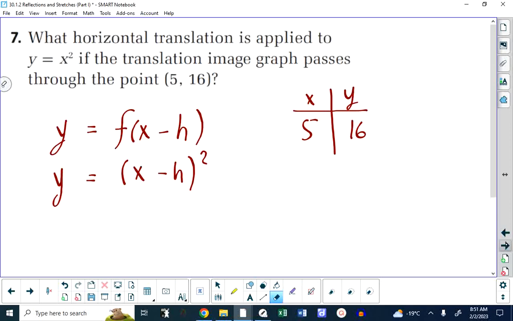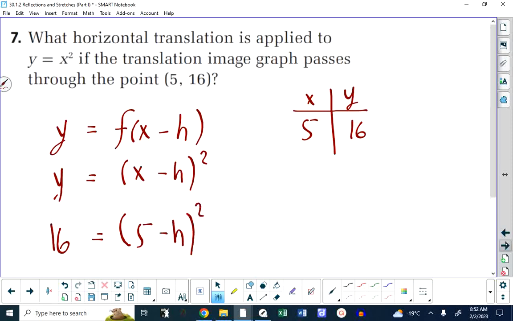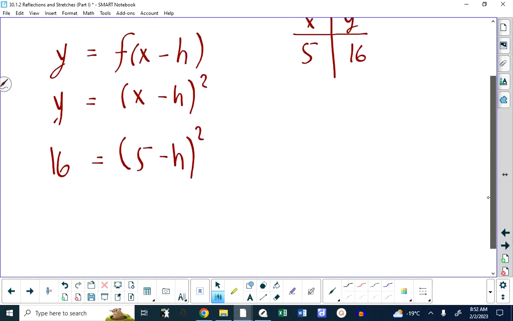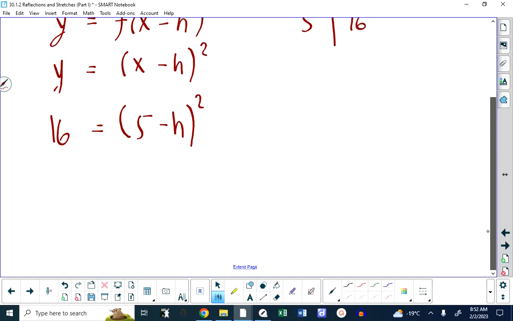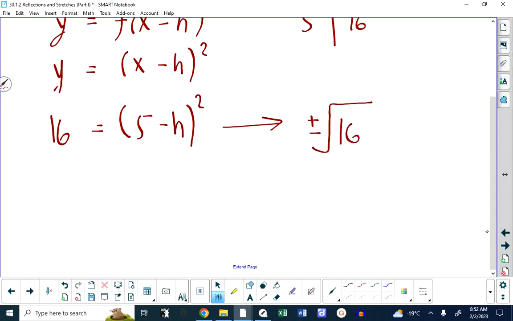There should be 2. Because, and I'm going to take this one just a little bit further, we'll have 16 equals (5 minus h) quantity squared. There are 2 paths that you can walk down now to find out what h is. One of the paths is for you to take the square root of both sides, remembering that for the number you go plus or minus, and you end up with plus or minus 4 equals 5 minus h.